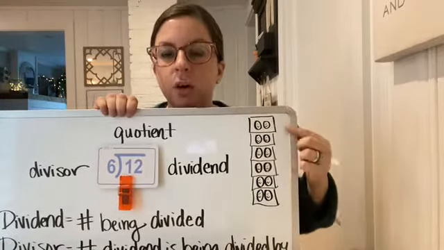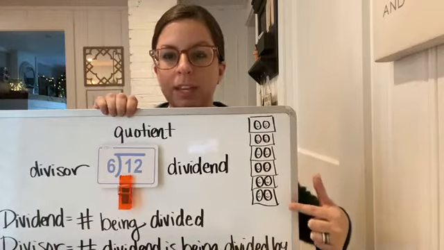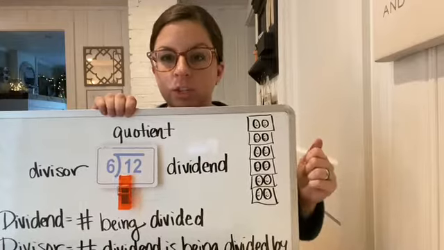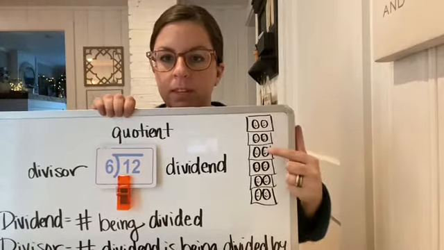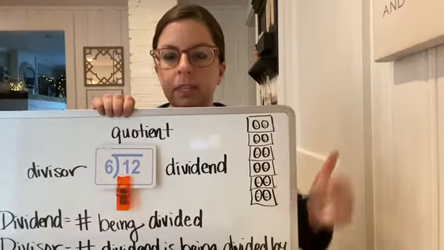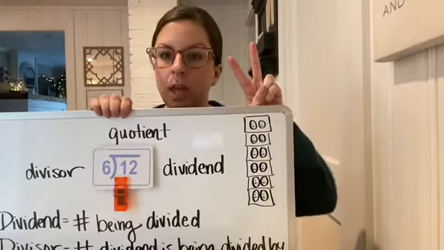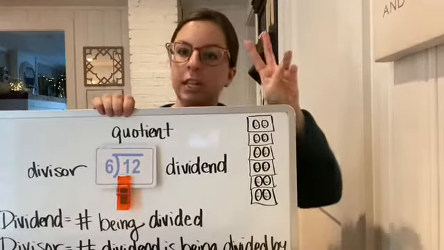So 1, 2, 3, 4, 5, 6 groups. So if 12 people are divided into 6 groups, how many people are in each group? 2. See, there's 2 people in each group. So the quotient would be 2 because you're finding out how many people are in each group. So the answer is 2.